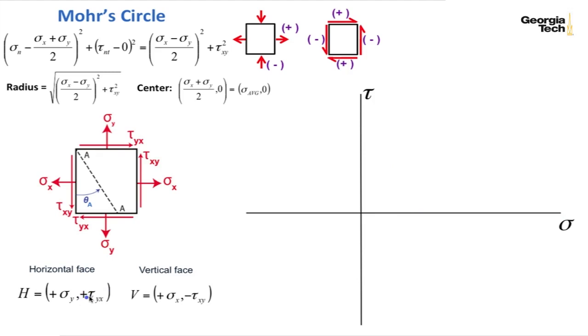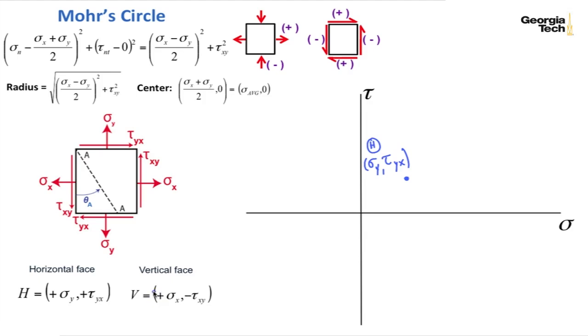So now let's start by plotting these 2 points on a graph of the normal stresses and shear stresses. So I have sigma sub y and positive tau sub yx. That's the horizontal face, and I'll label it as H with a circle around it. So this is sigma sub y, tau sub yx. We know that tau sub yx and tau sub xy are the same by equilibrium, so I'll also plot the vertical face.